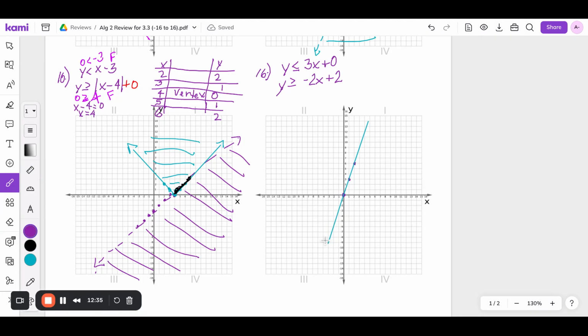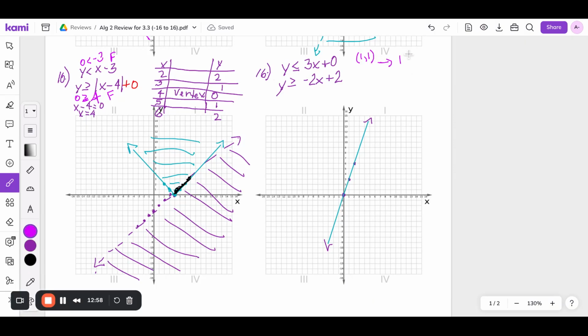All right, going back here, I'm going to draw my arrows on the lines. And I want to see where the shade goes. I cannot pick 0, 0 here because it's passing through 0, 0. So I'm going to pick 1, 1 instead. Okay, so for the testing, I'm testing 1, 1.